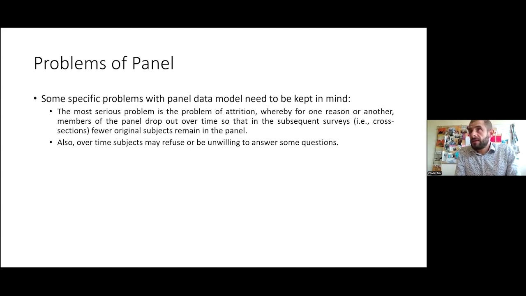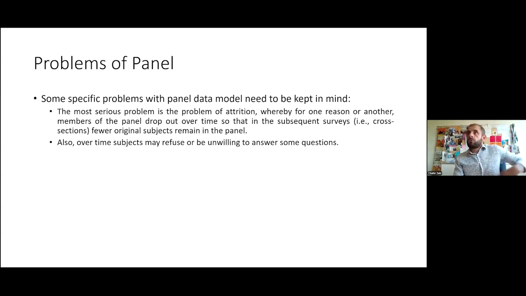By this, I mean that in the case of panel data sets, some individuals at the household level or some firms at the firm level might refuse to participate in the second wave or the third wave of the survey. In this case, I will have a problem of attrition, in the sense that some individuals will withdraw from my sample and I will not be able to follow them over time.